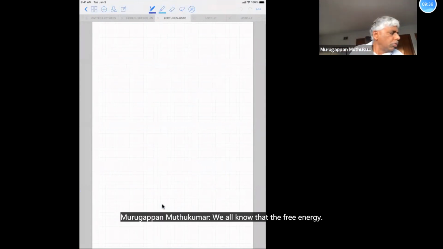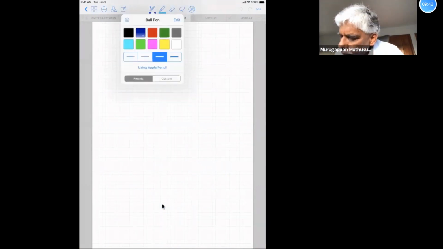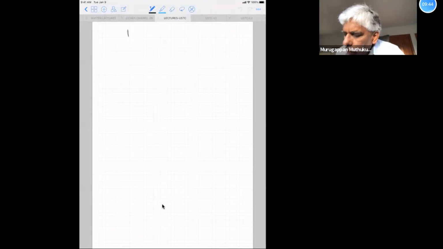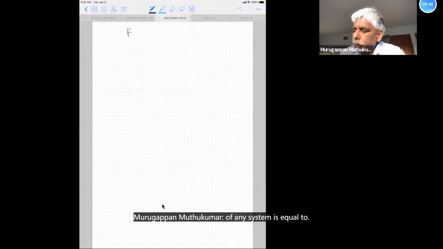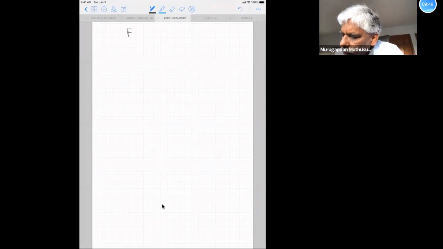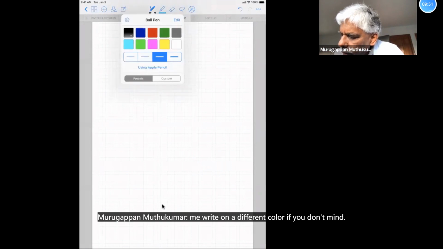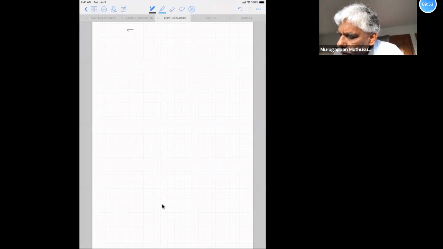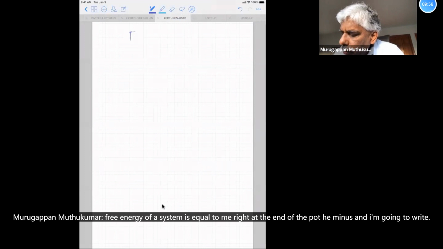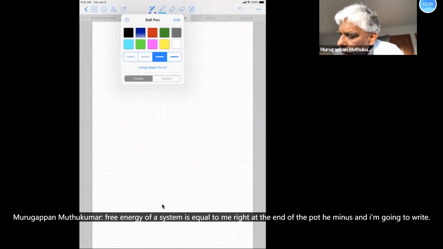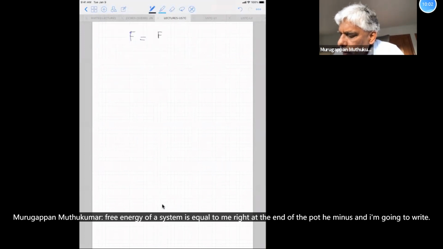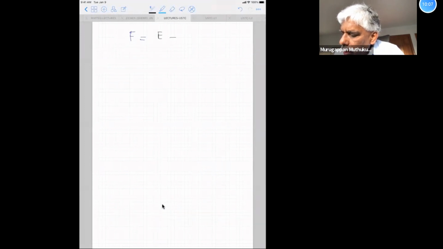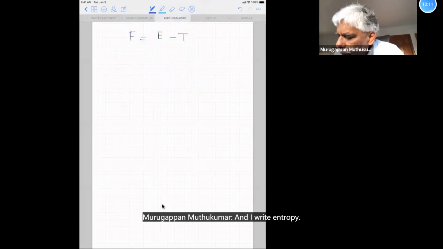We all know that the free energy of any system is equal to, let me write down in a different color, if you don't mind. Free energy of a system is equal to the energy part, E, minus temperature times entropy.